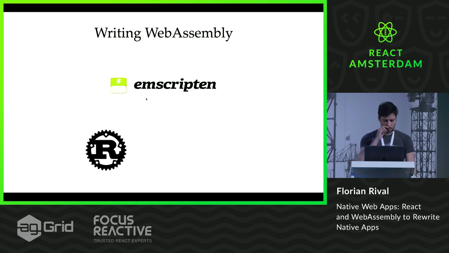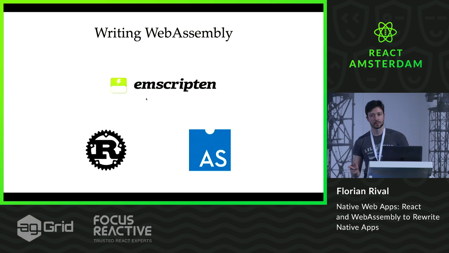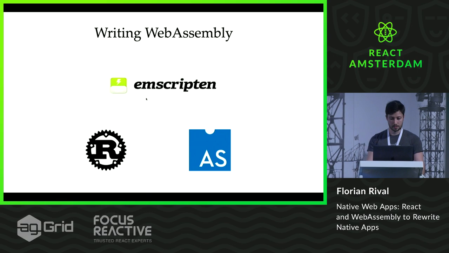You could also use languages like Rust that are designed to have WebAssembly as a compilation target, and even things like AssemblyScript. I've never tried, but that seems really interesting. It's a TypeScript-like language that compiles to WebAssembly. So it's, I guess, a good idea to try it if you want to give WebAssembly a try.